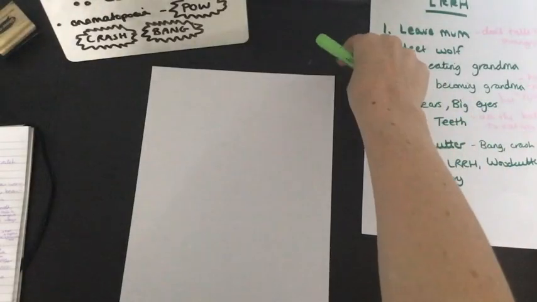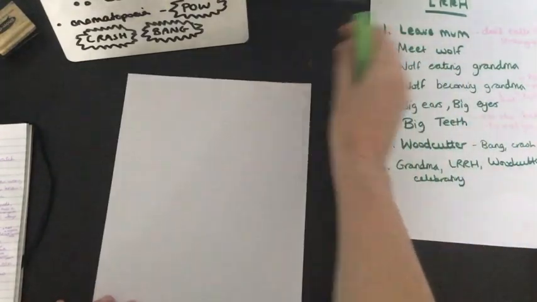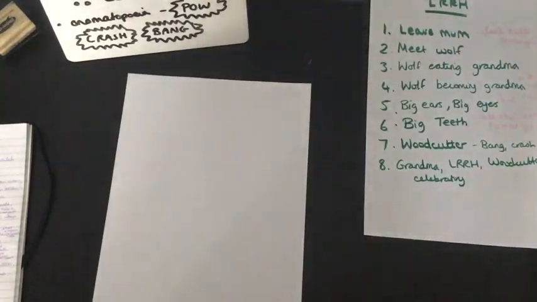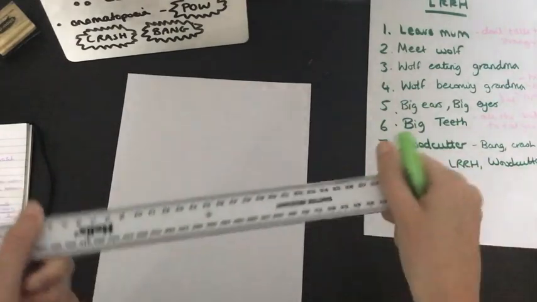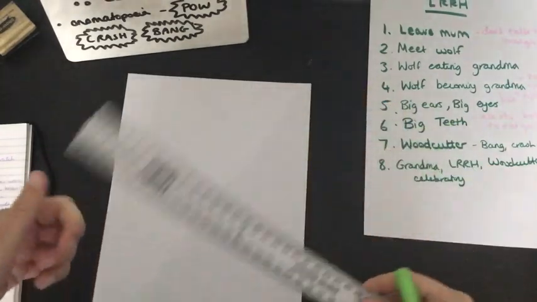Start making then. So your paper can be this way or this way, it doesn't really matter. You need a ruler or something you can draw straight lines with. I'm going to use a black pen here so you can see it under the camera.